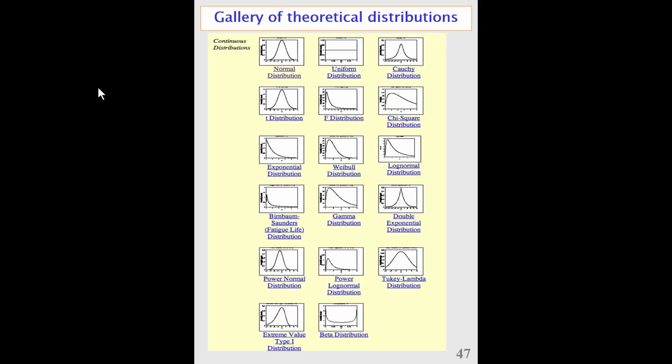There is a whole gallery here, not stuff that we are going to use in detail, but there are many, many more known distributions that we typically look at. Not sure which ones you have seen before. Uniform should be relatively well known. Everything is equally likely, so if you throw a die, you have 6 sides, and each of the 6 sides is equally likely to show up.